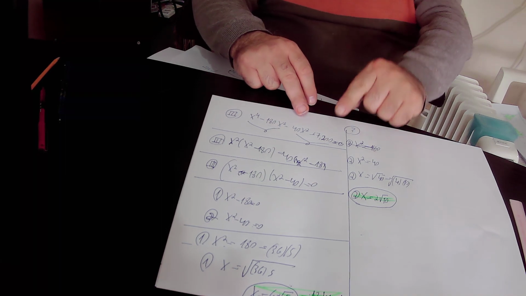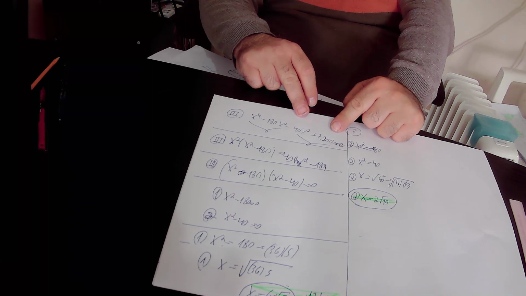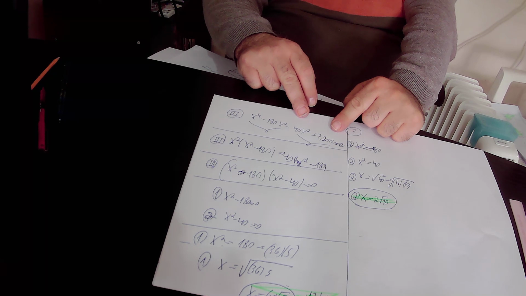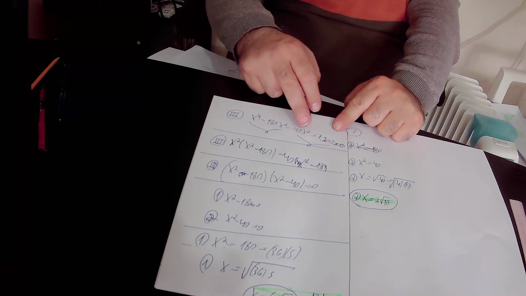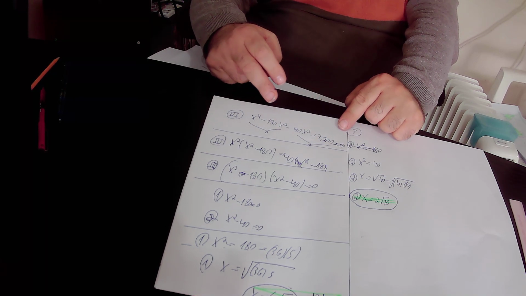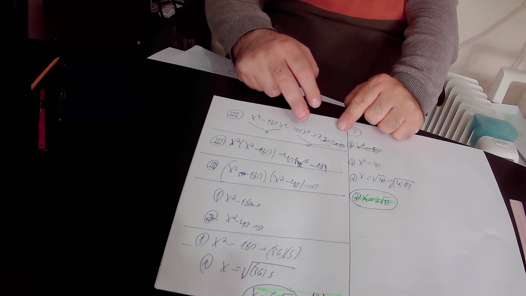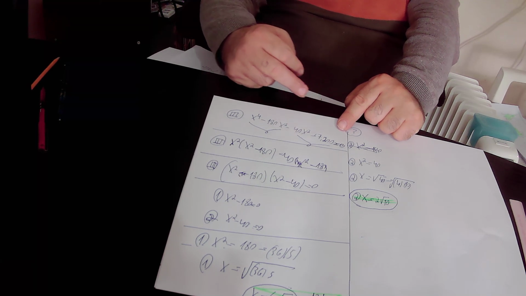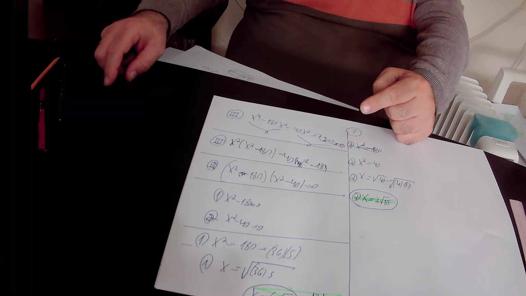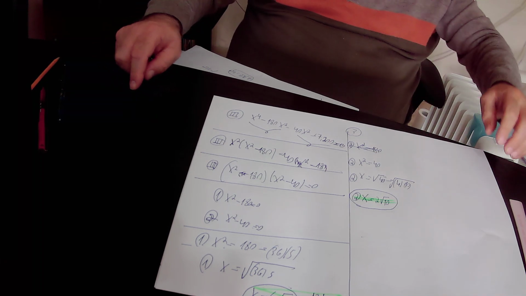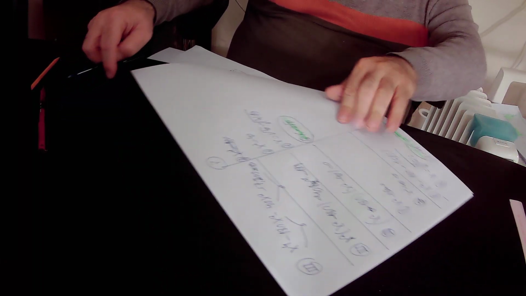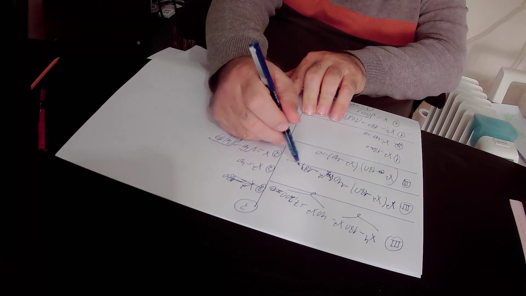And from those two expressions, we took minus 40 as a common factor. And inside the brackets, what is left? It is actually x squared minus 180, because minus 180 times minus 40 is 7200. And all of this is equal to 0, of course.